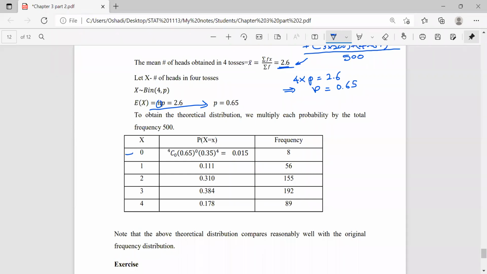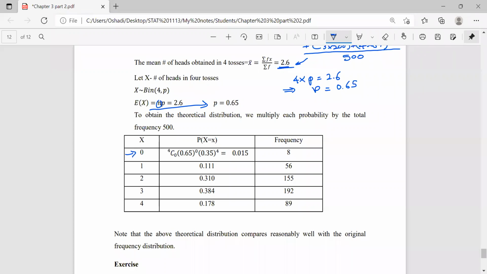Obtaining 0 heads can be found using the theoretical probability distribution. So this is the theoretical one now. Earlier, the results are from the experimental. When there are no heads obtained, x is 0.